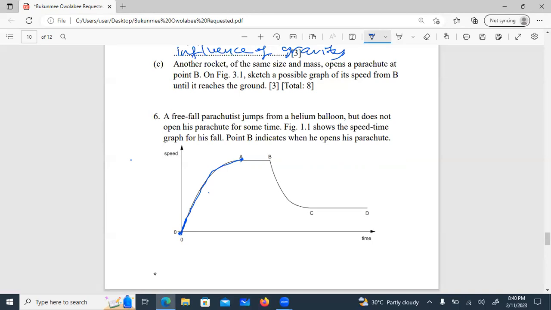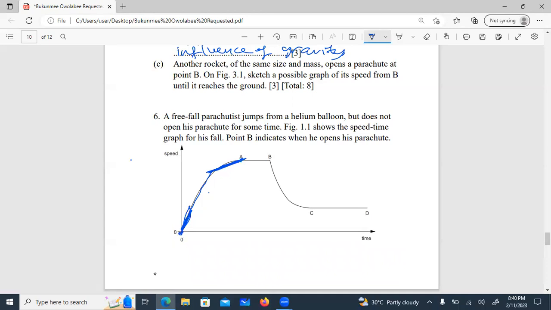Look at the slope here, it is very slant. But look at the slope here, it has almost become a horizontal line. That shows you that the acceleration has reduced from t equals 0 to the time at A.